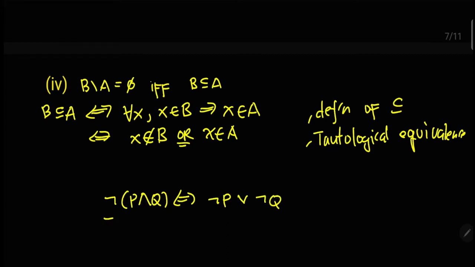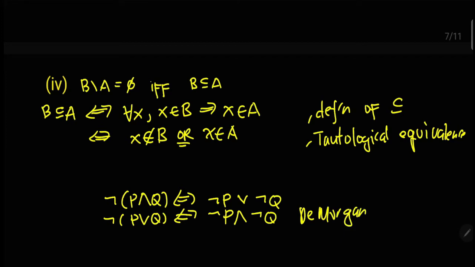The other one is if you're negating or: not (P or Q) is the same as negate P and negate Q. So that's De Morgan. Do not forget our rules of inference, the properties, the laws in logic, because all of them will be used in proving properties of sets.